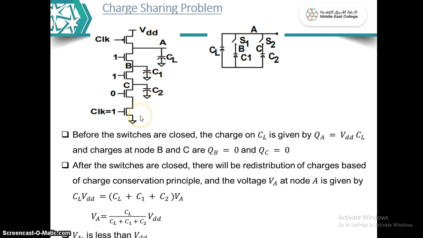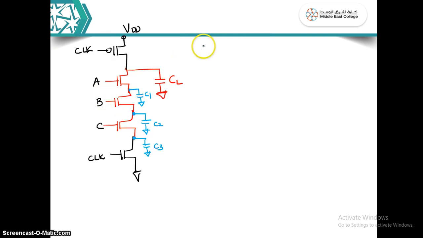Now let's see how it works. Consider that A is equal to 1, B is equal to 1, and C is equal to 1. All transistors are on. Initially, when the clock was 0, the output was pre-charged to VDD.